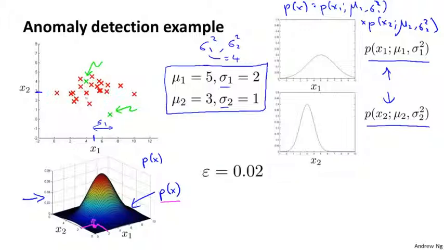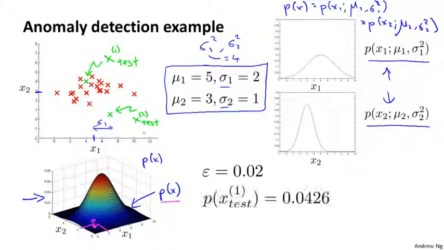But let's take this first example. Let me call this example x1 test, and let me call the second example x2 test. What we do is we then compute p of x1 test. We use this formula to compute it, and this looks like a pretty large value.